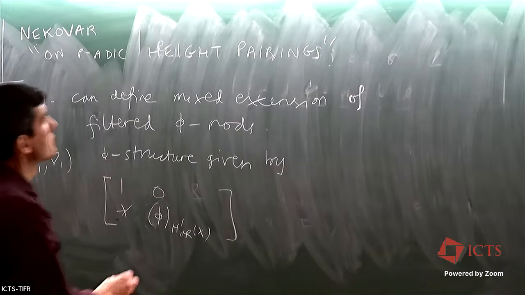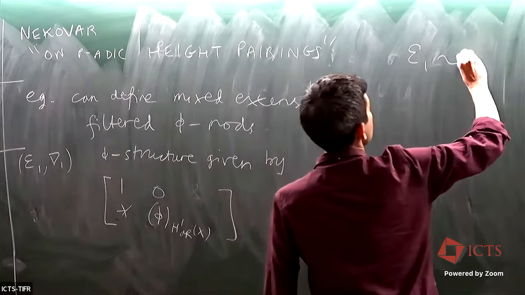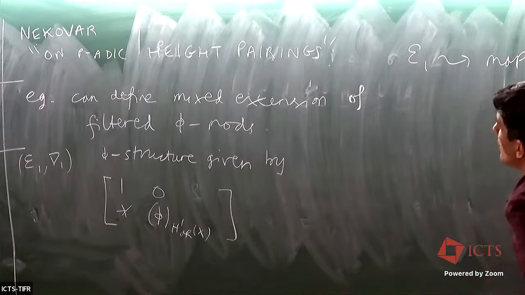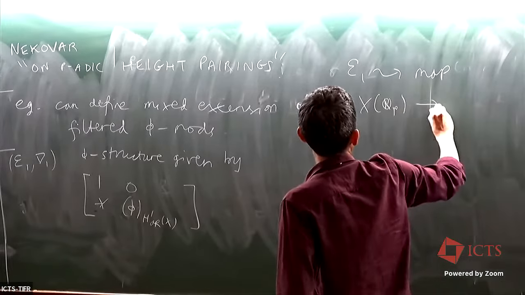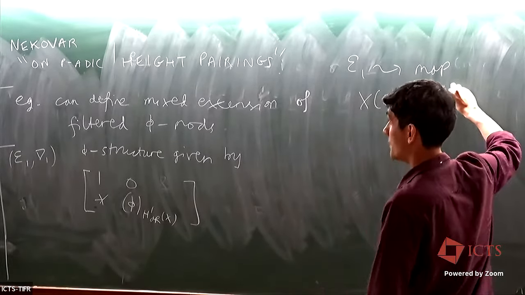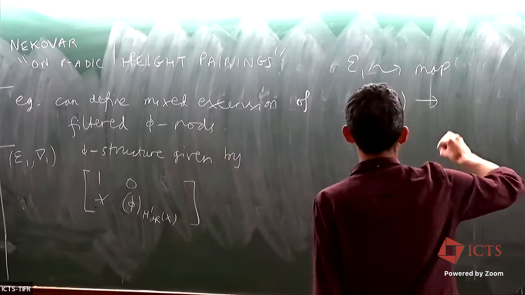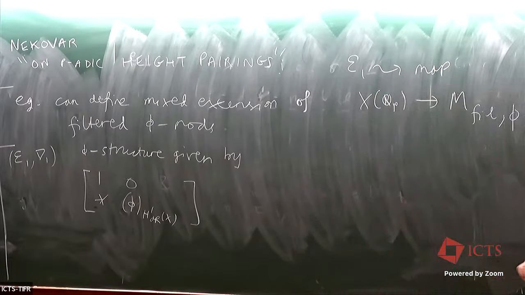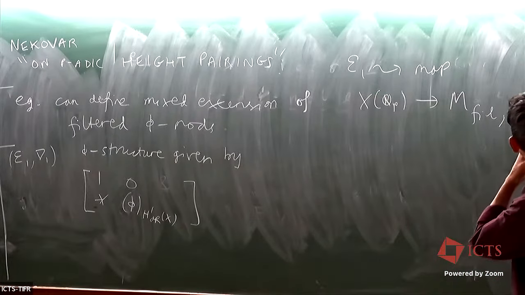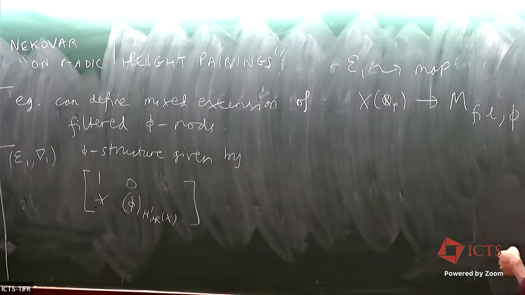So actually E1 was giving us a map from Qp points of X to extensions of filtered phi modules, or same as mixed. I'm going to call that M fil phi, my notation for mixed extensions of filtered phi modules of Qp by this thing I was calling V de Rham, which is just H1 de Rham dual. And remember, this is just the same as extensions.